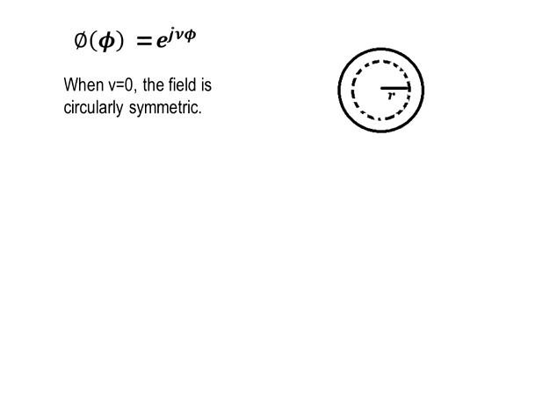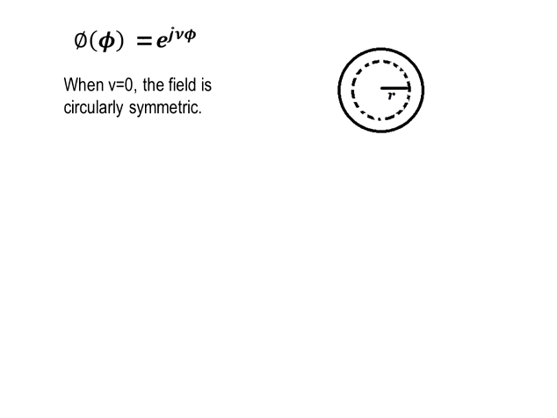If we consider any point at a distance r from the center of the fiber, then around that circle with radius r, everywhere the intensity will be the same. Definitely at the center it will be maximum, and if you keep on increasing the radius, it will be reduced. But if you consider a particular radius and draw the circle around it, everywhere the intensity will be the same, since V equal to 0.